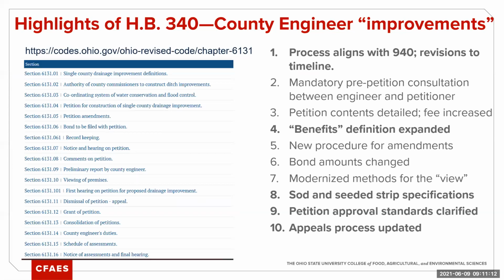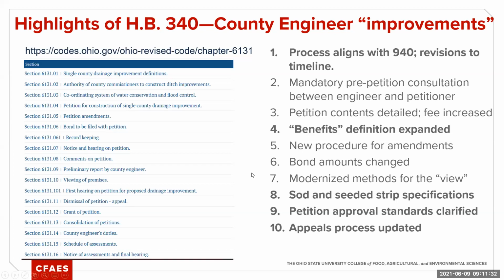If we look at the engineer petition projects, these are the highlights of those, and they're very similar between the two. I'm going to, again, focus in on those that you see in bold here and tell you a little bit more about those changes.